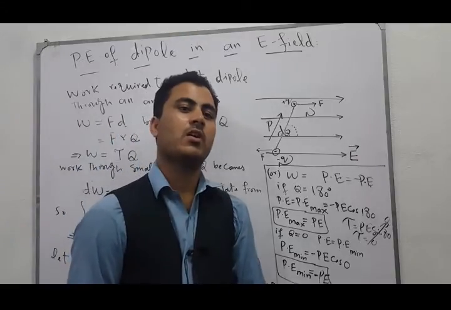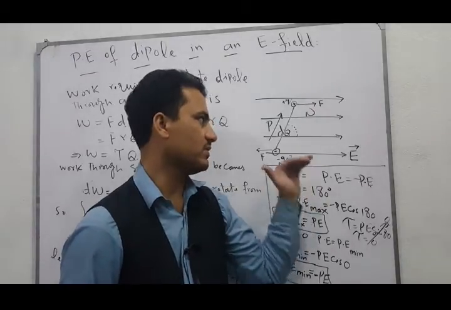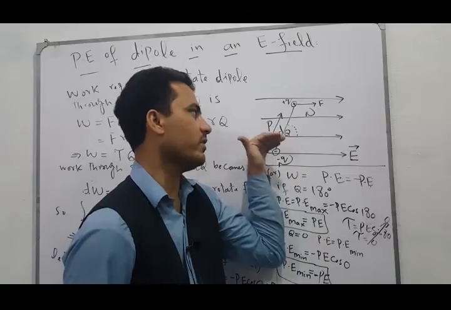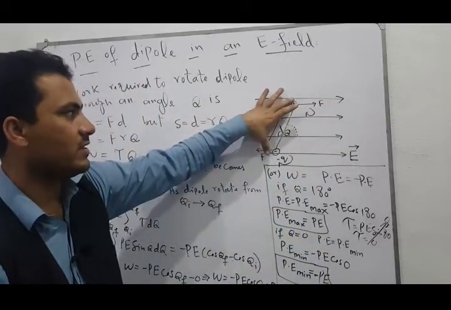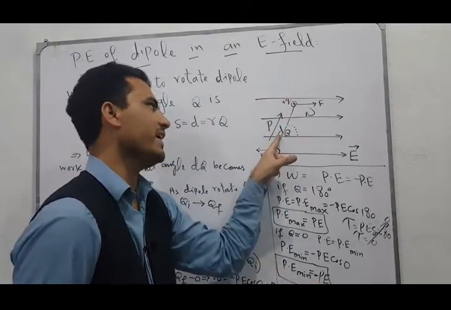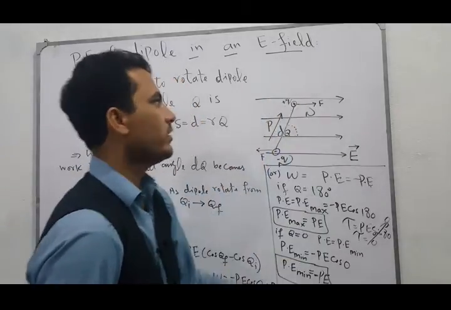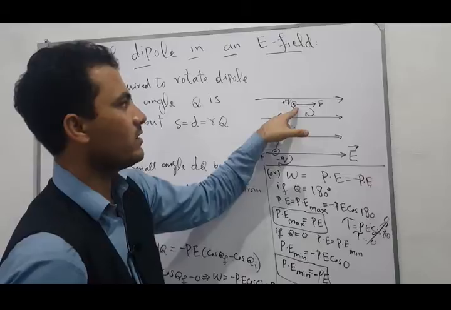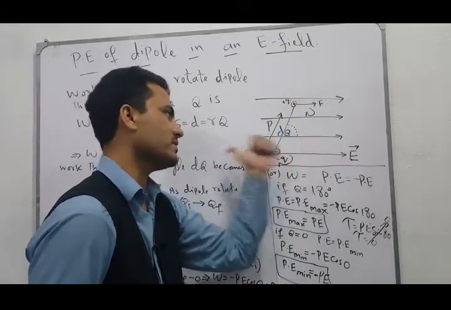Now the question arises how we can investigate potential energy of a dipole in a uniform electric field. For that purpose, let's suppose a uniform electric field applied from left to right and a dipole is placed in this uniform electric field. The separation distance of this dipole is d and the dipole moment is from negative towards positive. Now you see here that the force on this positive charge is in this direction and the force on this negative charge is in this direction.